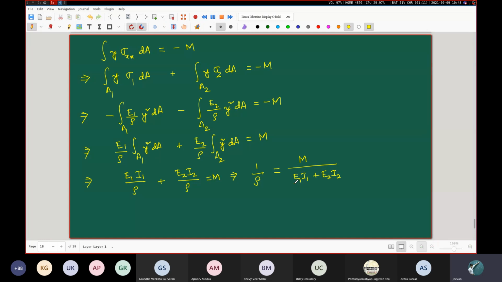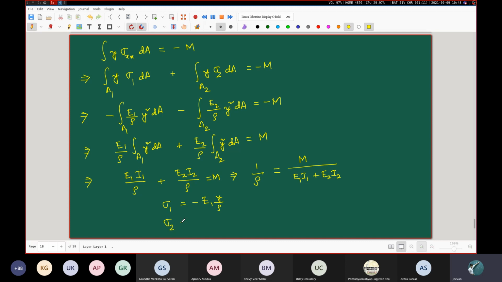Okay, so we can determine using this earlier equation the location of the centroid, and next by coming here we can obtain the expression for the radius of curvature. So all that is left for us to do is to go back to this equation, sigma 1 is equal to minus E1 y by rho, substitute the expression of this 1 by rho from here, and we can obtain the value of this sigma 1 at different locations of y.